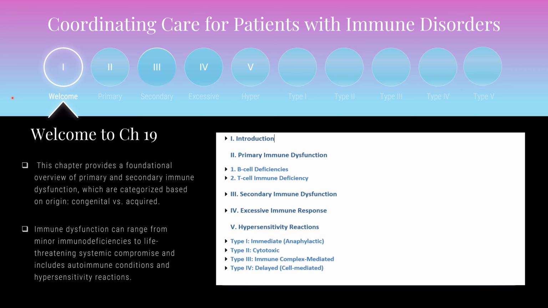And four is excessive immune response, not much about it, it's a table the book shows. Then five is hypersensitivity reaction. I wrote 4 here, but there are 5 actually. I will show you.